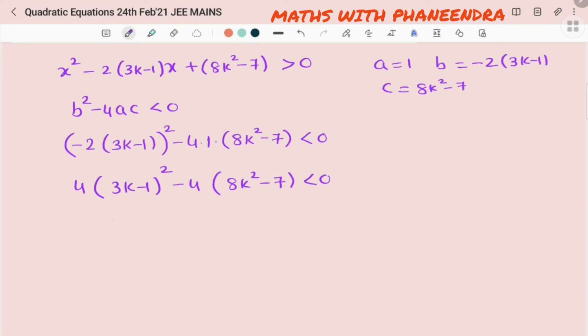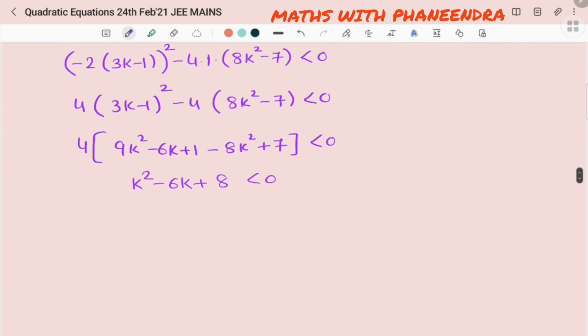For the rest of the terms, only 4 is common. Using the (a − b)² expansion, (3k − 1)² is 9k² − 6k + 1, minus 8k² plus 7, minus times minus, is less than 0. 4 we can also take to this side. 9k² − 8k² is k², so k² − 6k + 8 is less than 0.